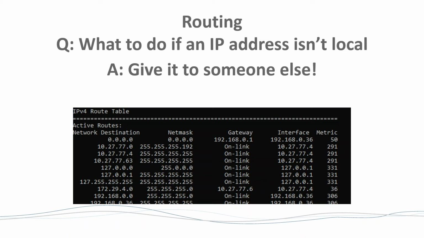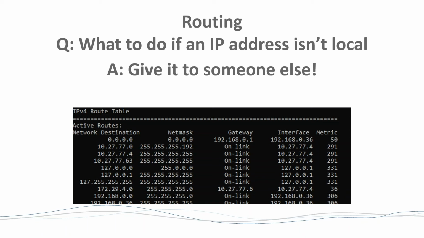So remember, the two things that define my network are the network address and the net mask. So I know which part of that network address is the network. I need to know that to know how to find that network. Okay? So that defines it. Then the gateway tells me how to get there, essentially, and which interface is going to get me there.